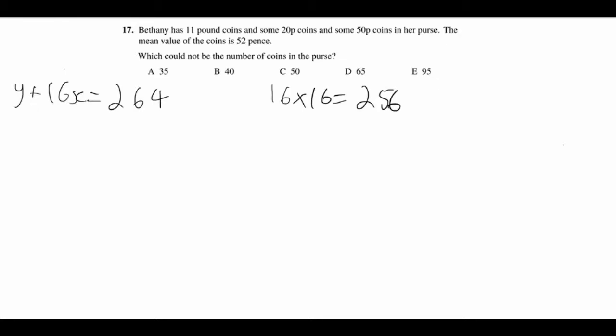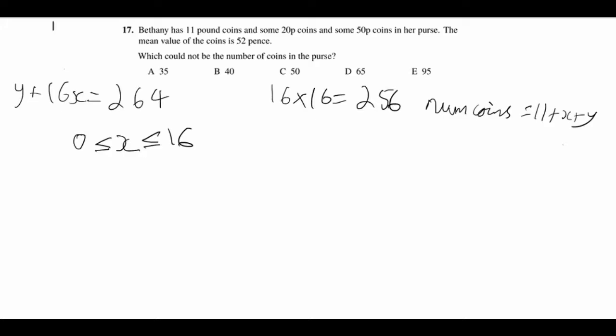So what this tells us is that x is greater than or equal to 0, but less than or equal to 16. And let's also just note that the number of coins in her purse, so num coins, is 11 plus x plus y.